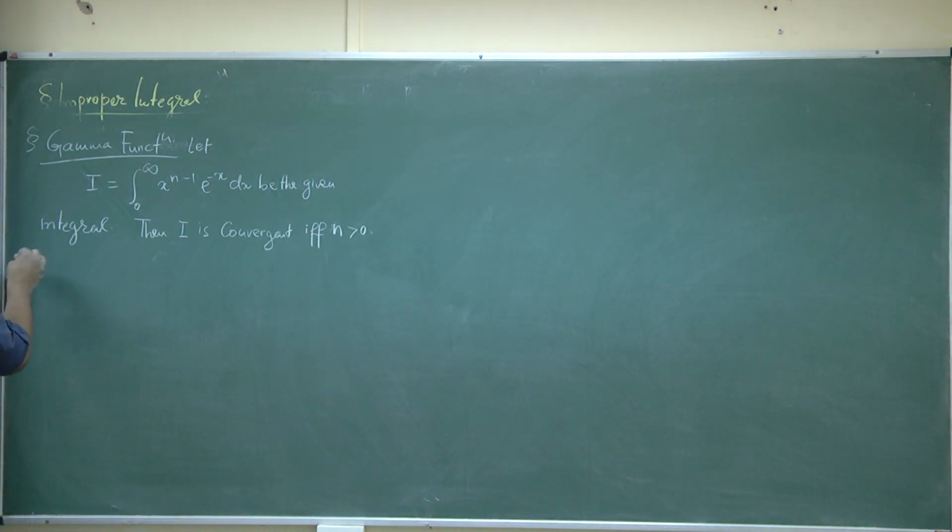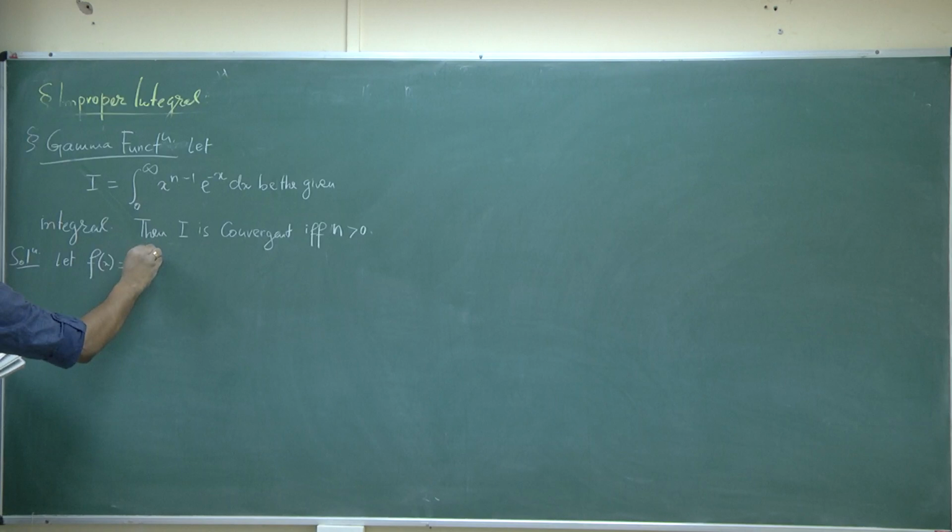So, now the solution. Let f of x equal x to the power n minus 1 times e to the power minus x.